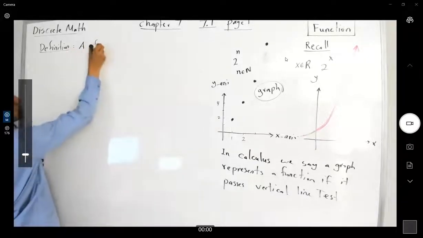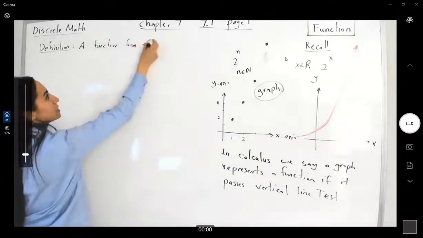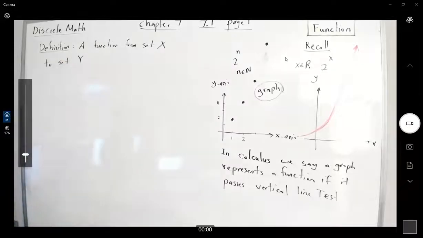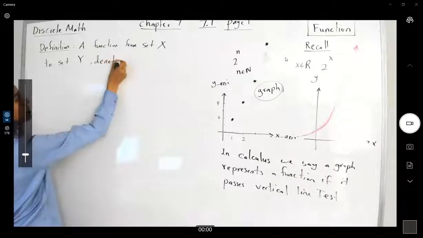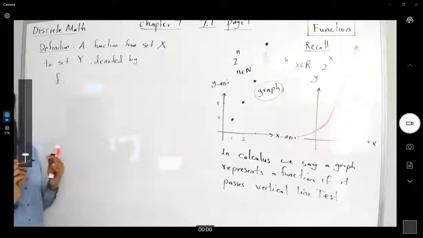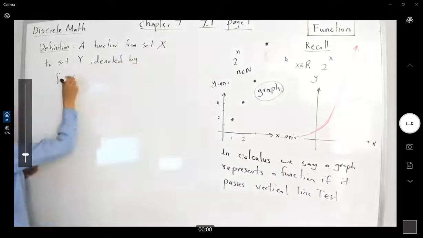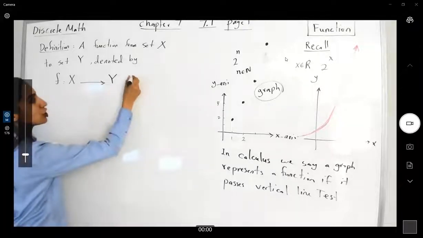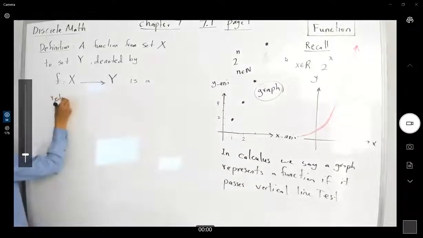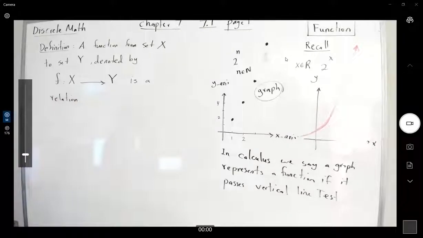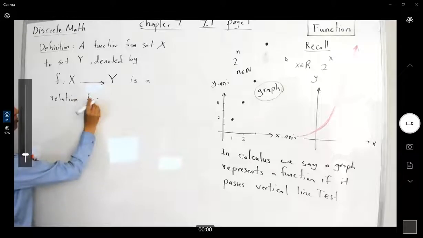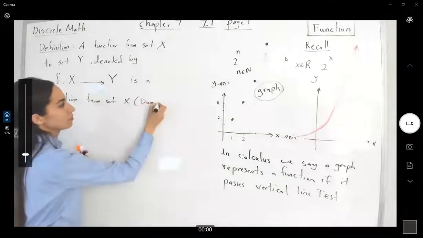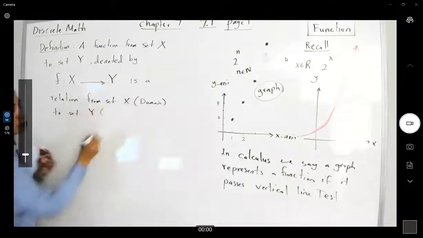A function from set X to set Y, denoted by F, that takes on values from X and maps them to Y, is a relation between X and Y, from set X, which we call the domain, to set Y, which we call the codomain.